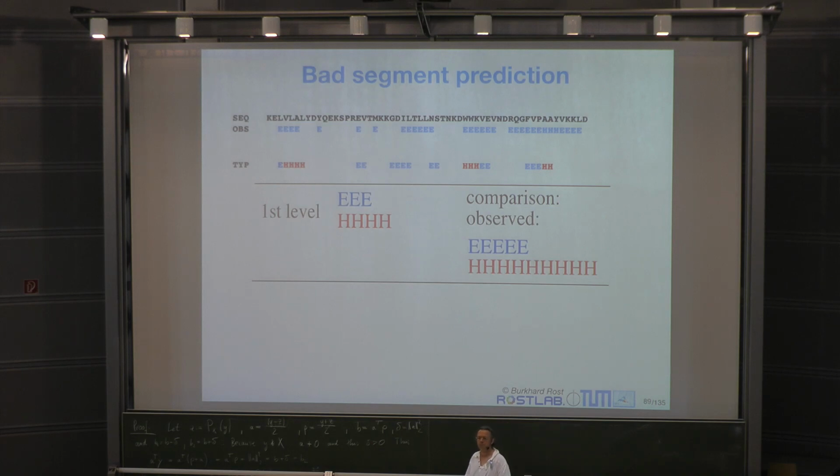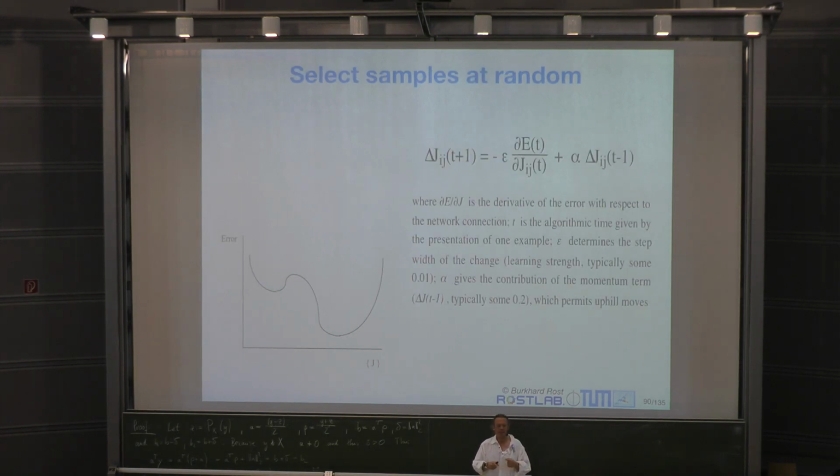How did that happen? Well, ultimately the network that I have so far has been trained on randomly selecting points. So you put all your 10,000 proteins into a database, 4 million residues. Each residue has a secondary structure assigned to it, and now you randomly pick from this database.